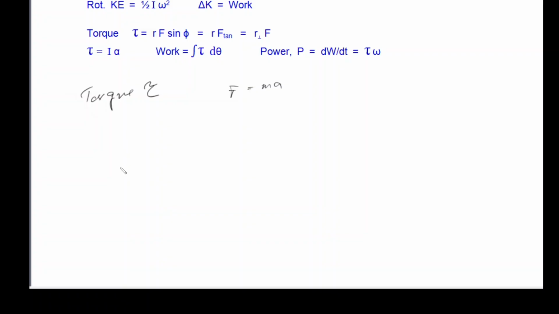If you have an axis of rotation, and you have a force acting over a radius r, rotating about that axis, and if we take the angle between the radius and the force as phi, we would say torque is equal to r times the force times the sine of phi.